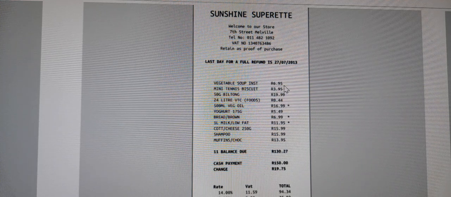Oh no, my calculator. Let me start afresh. 6.95 plus 3.95 plus 19.99 plus, what is the next one? 0.44 plus 5.49 plus 15.99 plus another 15.99 and then plus 13.95.